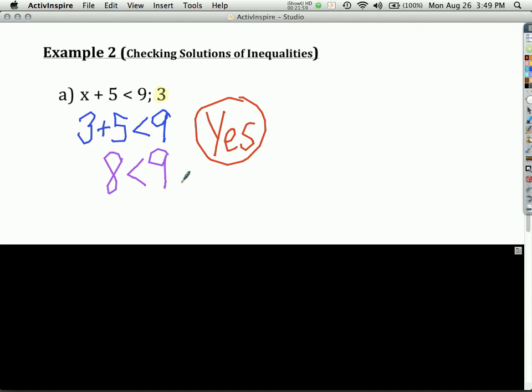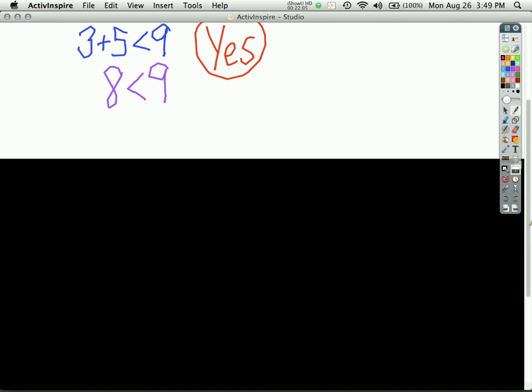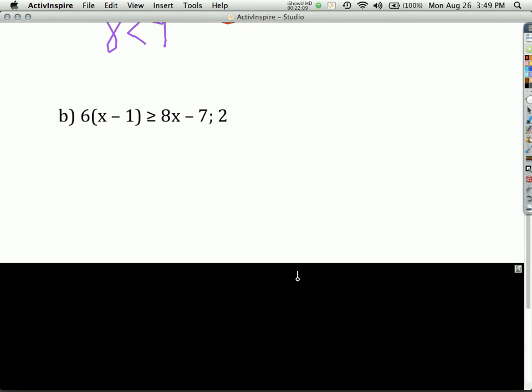Any questions about that? So now that was not the level of work that you should expect. I just wanted to introduce the idea. And so here is a more reasonable question for the level of class that you're in. So it's a bit more complex, but the same principle holds true. We want to see, is 2 a valid solution to this inequality?